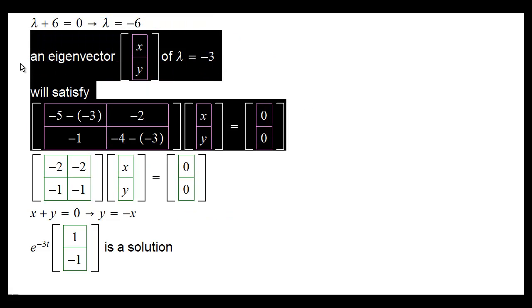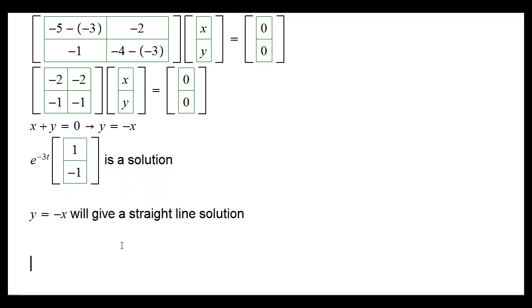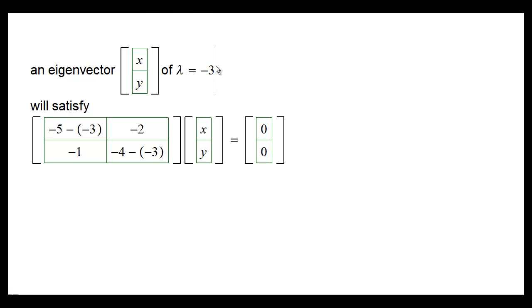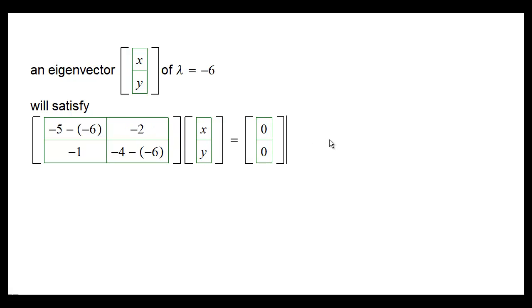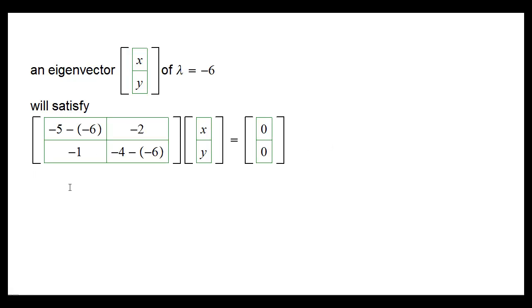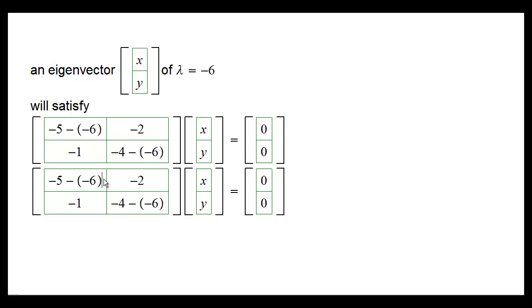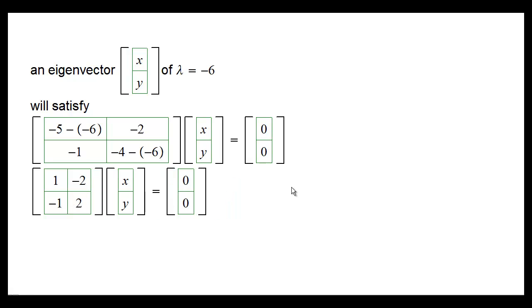Now we are going to find a solution corresponding to the eigenvalue lambda equals negative 6. So we'll take the same equation, just negative 3 changes to negative 6, and then what do we get here? This becomes a 1, negative 5 plus 1, and this becomes a 2. So what will happen here?